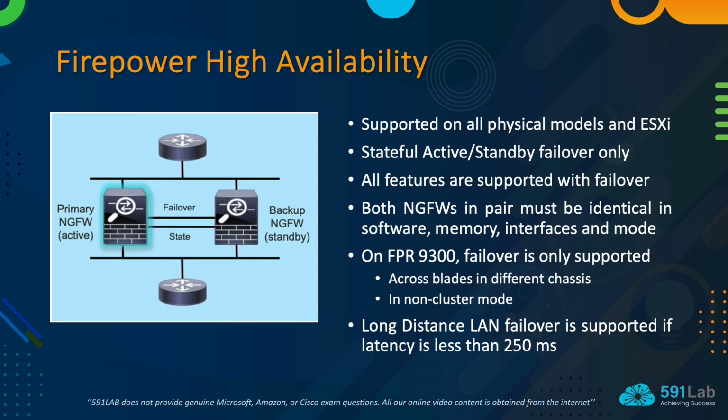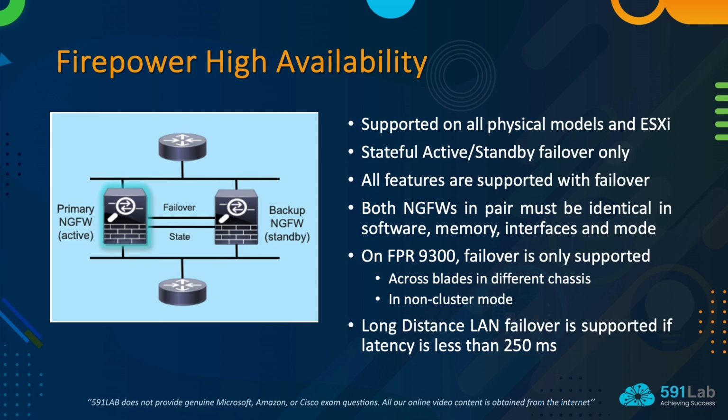It is recommended to configure both next-generation firewalls in a high availability pair to have identical configurations for a seamless failover. A health check mechanism continuously monitors the primary next-generation firewall.